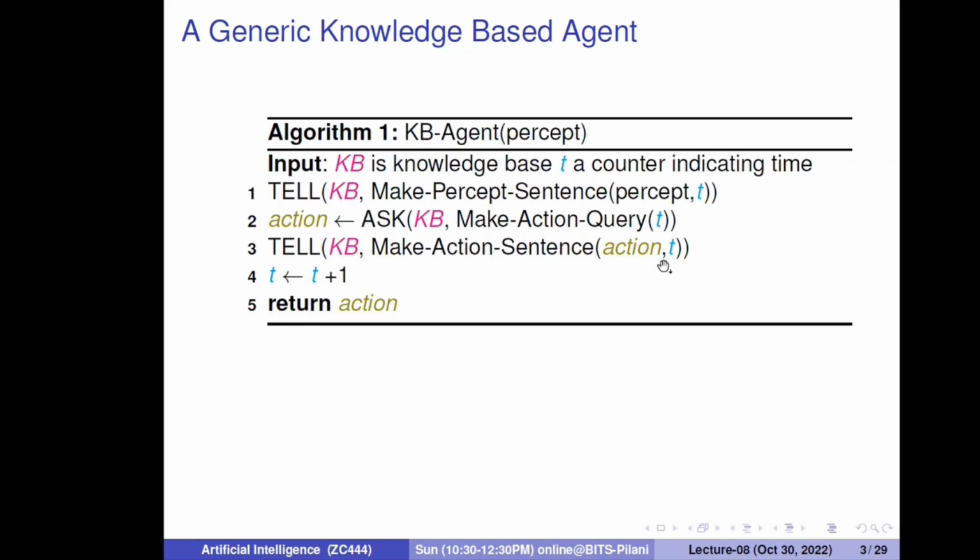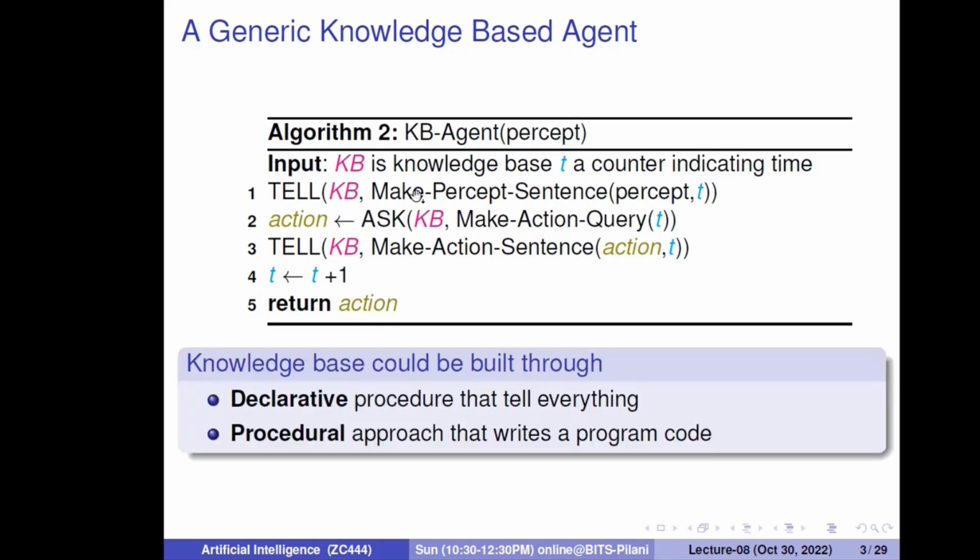Then based on that action at that particular time, somebody has to map: if I have to take this action, what are the right actuators I have to start, what are the right things I have to do. So that mapping is required, and after that it tells those actuators, and when the actuator is started, the action is executed. Then the time advances and we keep moving in this particular way.